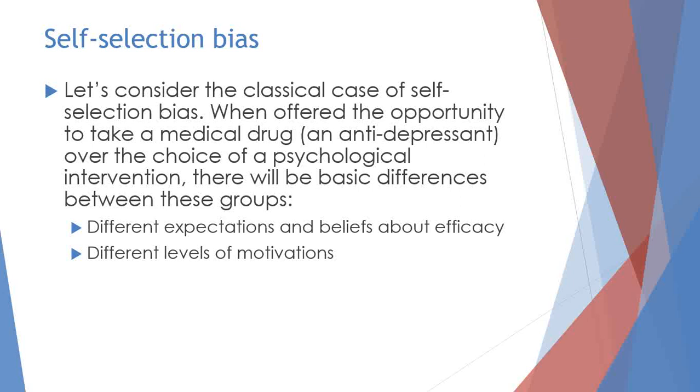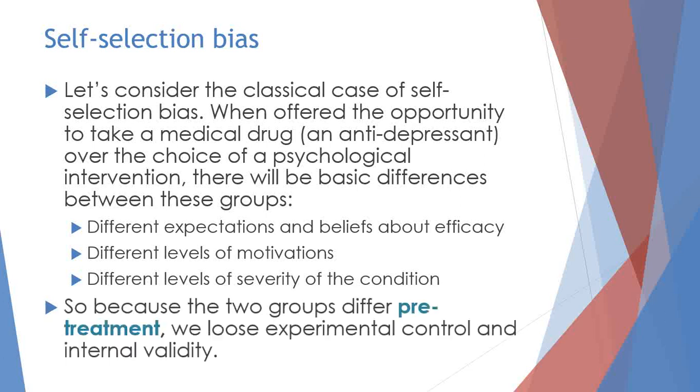Maybe I want to get it over real quick or have the problem solved, so I think I might take the drug instead. There might be different levels of severity of the condition too. People who want to pursue medication, maybe they're more deeply depressed, and so they really want something they know will work. So because the two groups differ pre-treatment, we lose experimental control and internal validity. We can't argue cause and effect.